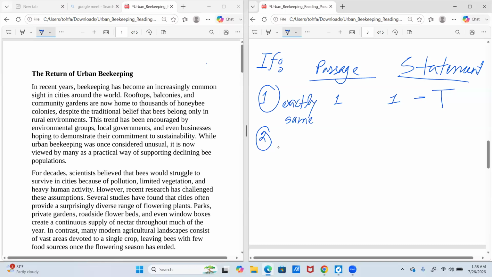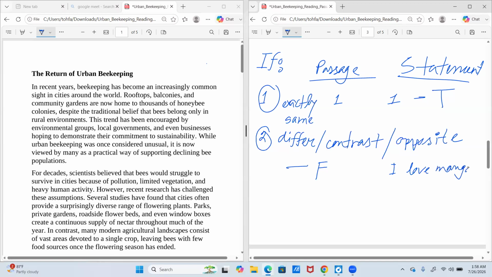And if the passage and our statement differ or contrast, or a very good way to say it is that they're saying the opposite thing, then our answer would be false. Suppose our passage says, I love mangoes, and our statement says, I'm not fond of mangoes.